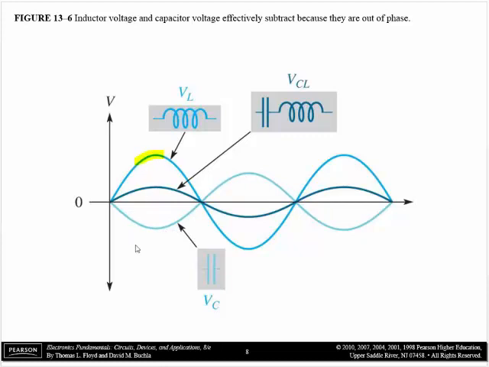Voltage in the inductor right here and voltage in the capacitor right here, being 180 degrees out of phase with each other, will subtract and you will get the net voltage right here, which is across the capacitor and inductor combination. That's what you would see on an oscilloscope.